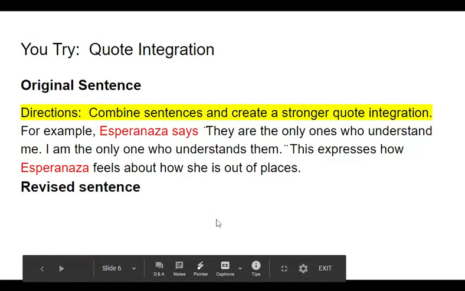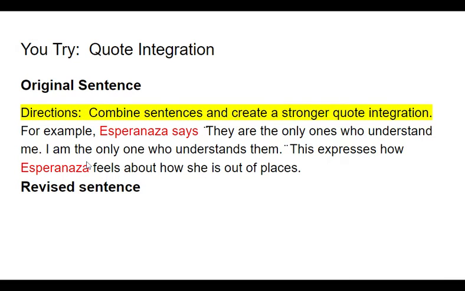So now you try. I've actually given you two sentences here. I want you to combine them into one good, concise sentence with strong quote integration. The point this student is trying to make is that Esperanza feels out of place, is what I believe the writer meant to say.